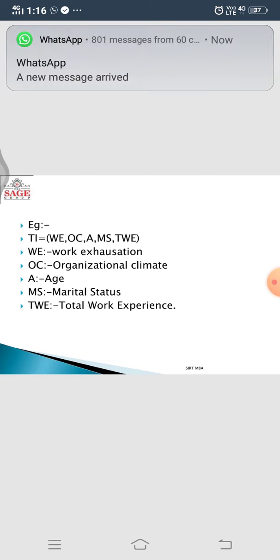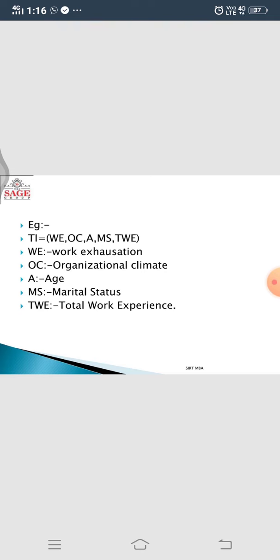So these are the factors into which we have divided turnover intention, and each factor can be our research problem. We can research: is marital status related to turnover intention? Is total work experience related to turnover intention? Does organizational climate have an impact on turnover intention? So we can have n number of research problems.